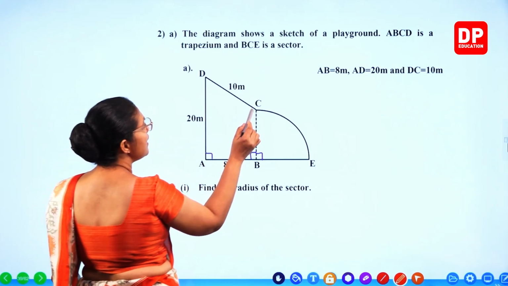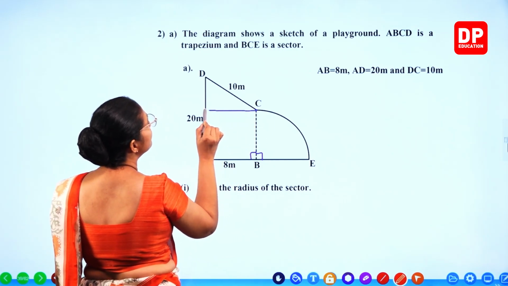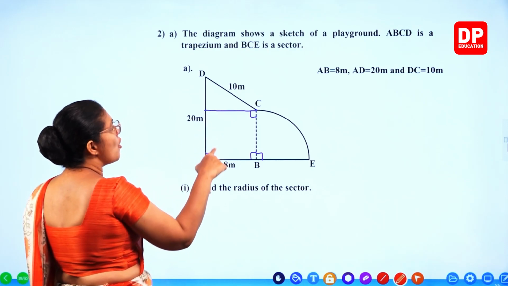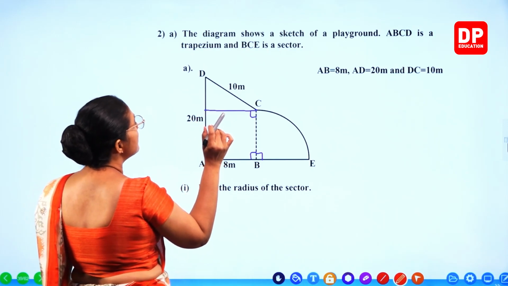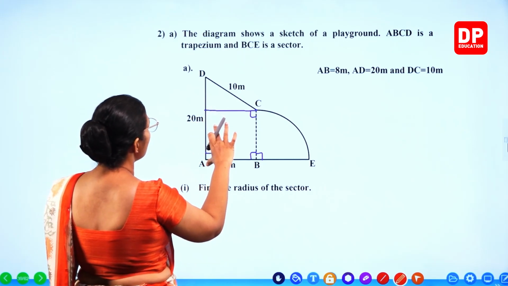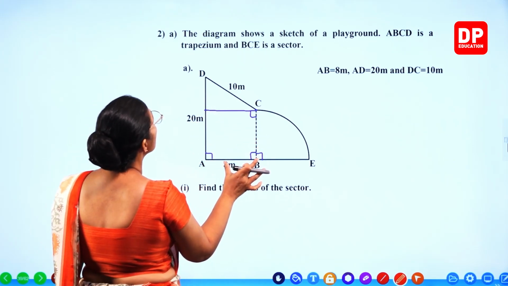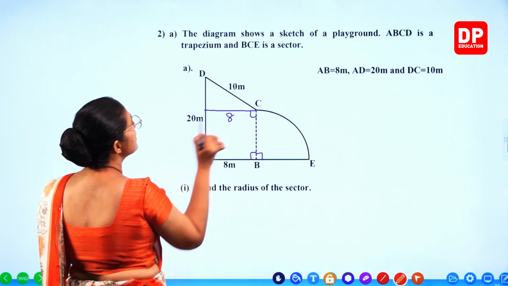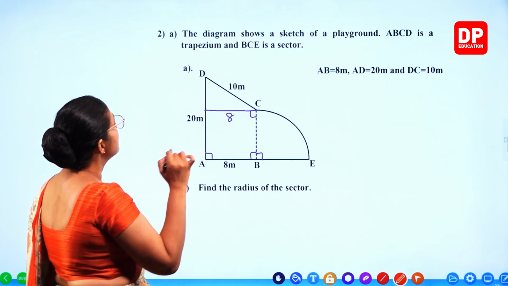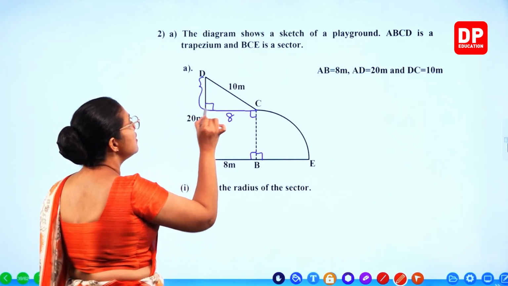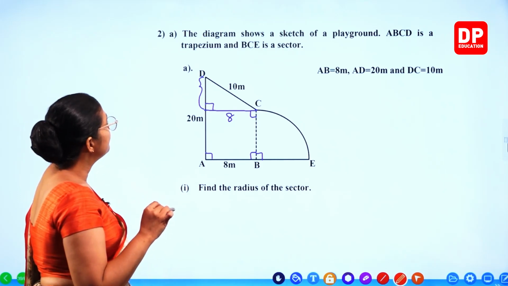We'll draw a line here, horizontal line. What happens here? When you draw the horizontal line, this part is given. This is 8. And you can easily find out this distance using the right angle triangle.